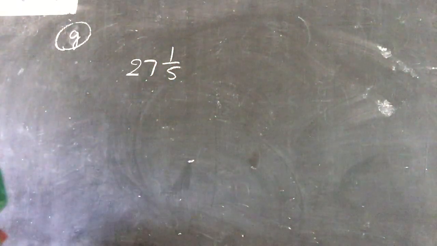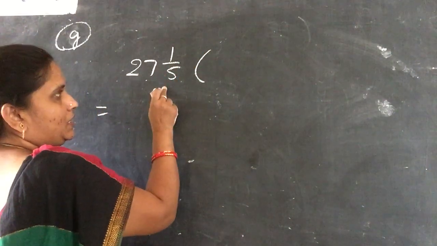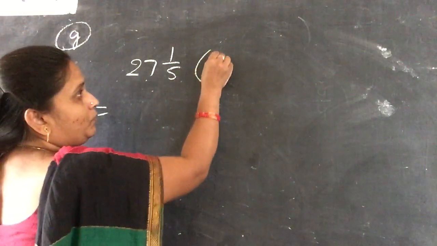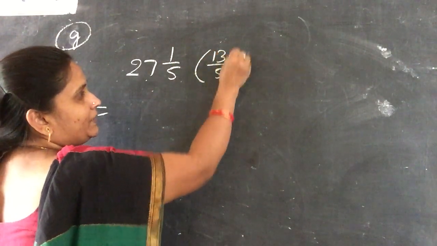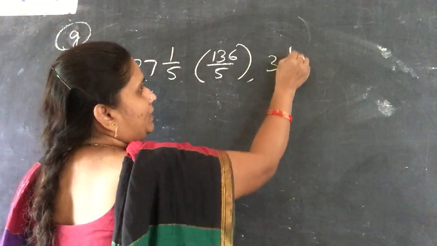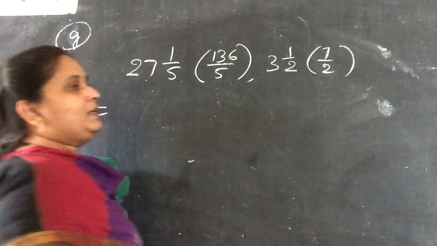And next in 3 1/2 hours. So convert this into the improper fraction. 27 into 5 is equal to 135 plus 1, 136/5. And next will be the 3 1/2. 3 2s are 6, 6 plus 1 is equal to 7/2.